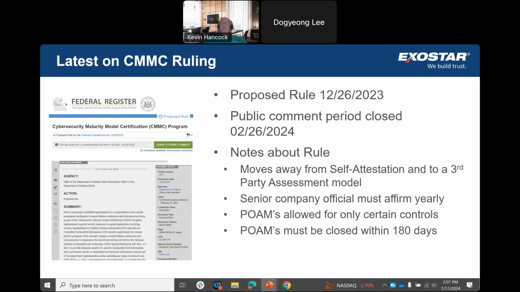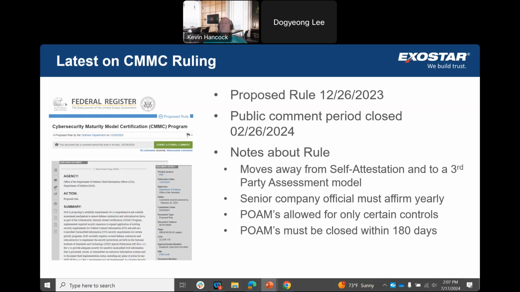In looking at the current proposed rule as it is, some key things to keep in mind. So CMMC is all about moving away from a self-attestation model to one where now a third party is required to do an assessment of how you have implemented and whether or not you've fully implemented the controls necessary around controlled unclassified information, CUI.